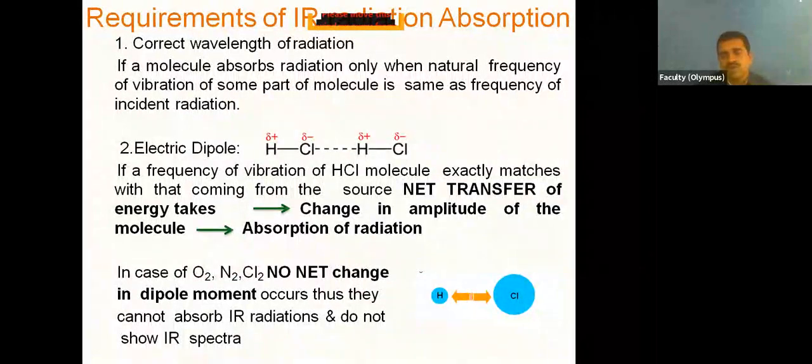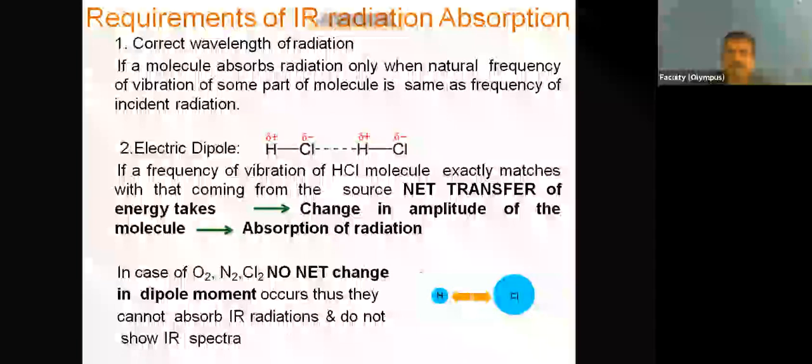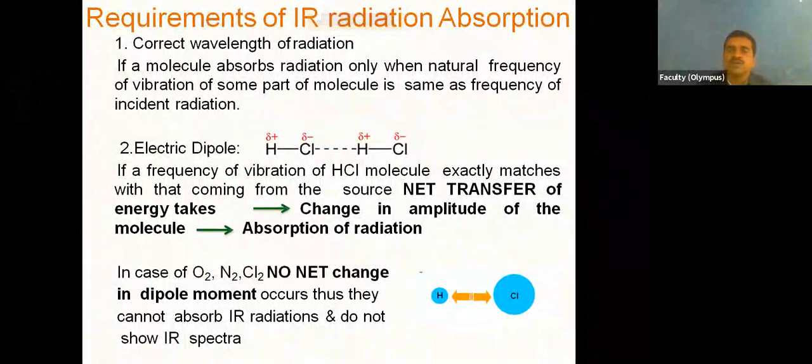The C-C bond is vibrating at some frequency, whereas the C-H bond is vibrating with some other frequency. So if the radiation has the same frequency as the C-H is vibrating, then such radiation will get absorbed.